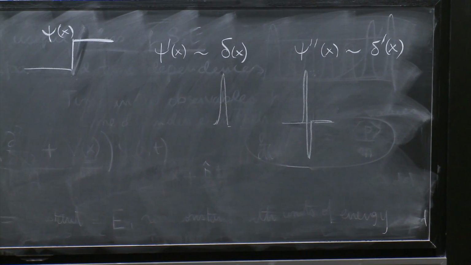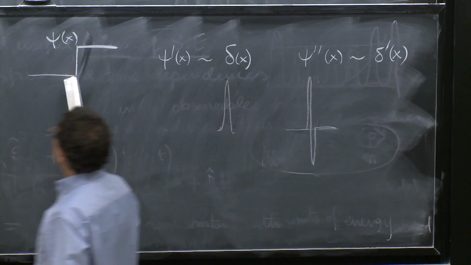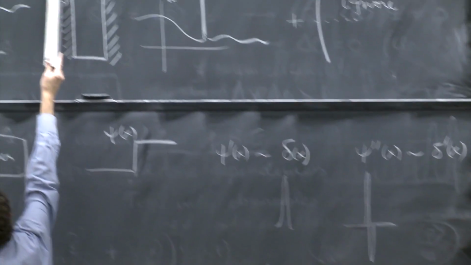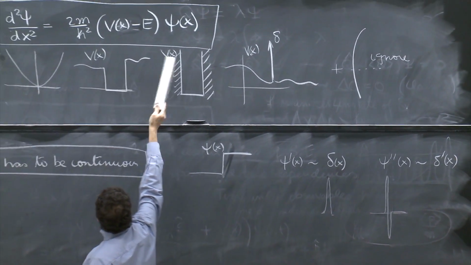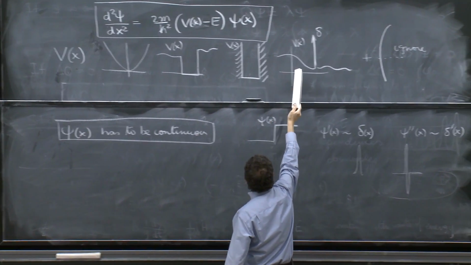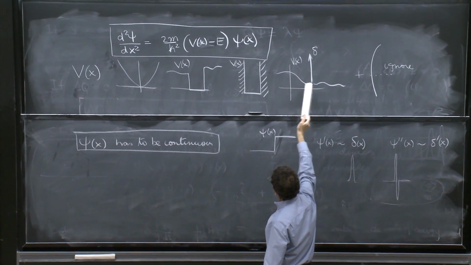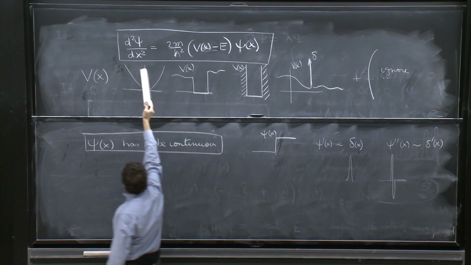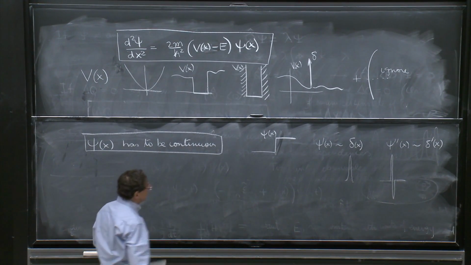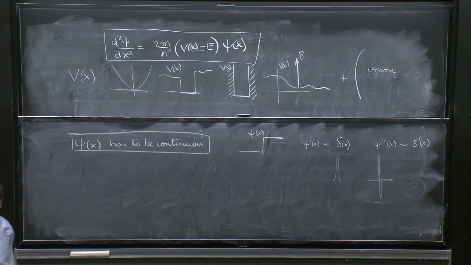And if you have this differential equation and psi is not continuous, well, the right-hand side is not continuous, or it may have a delta function times something not continuous, but the left-hand side would have a derivative of a delta function that there's nowhere on the right-hand side.